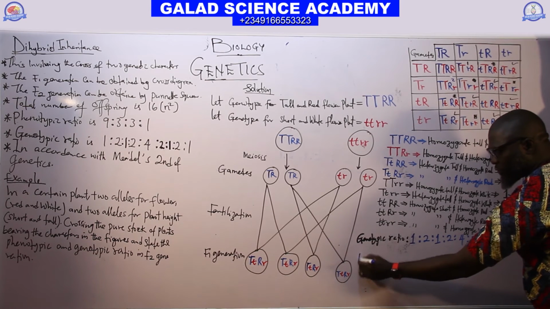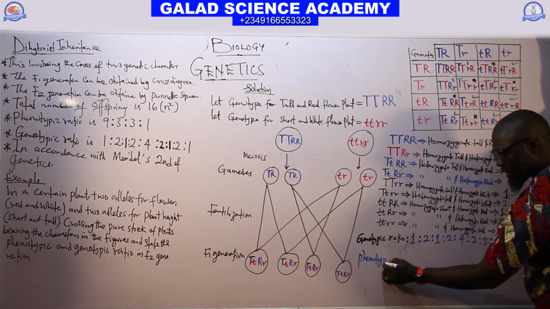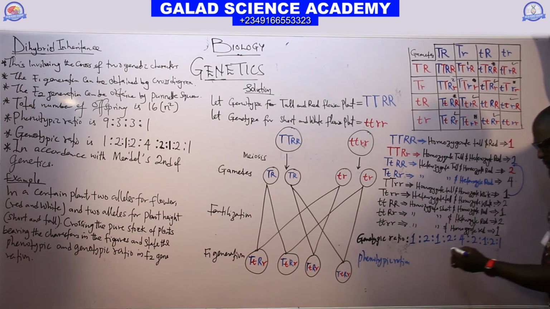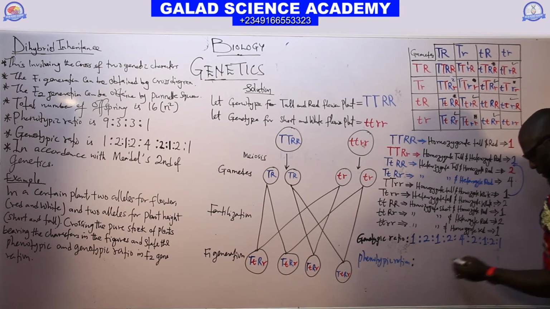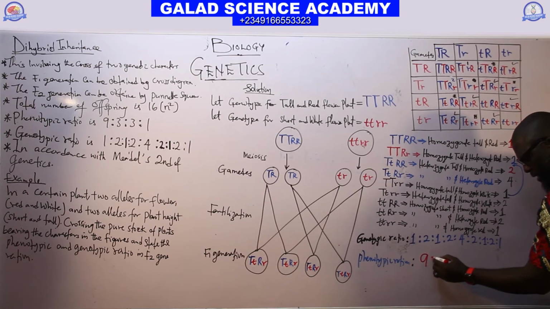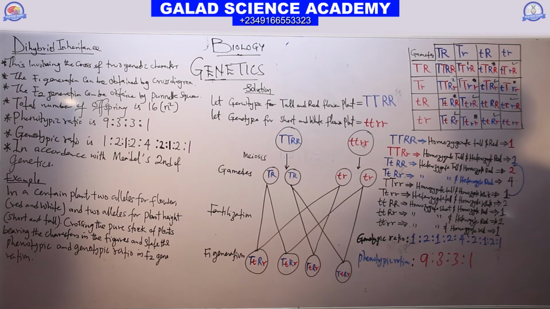But for the phenotypic ratio here, it should be 9 ratio 3, 3, 1.